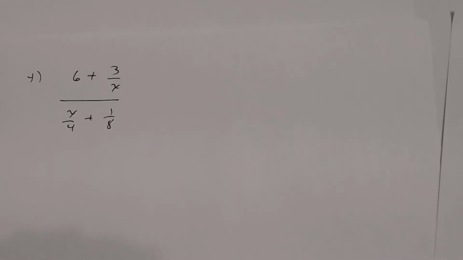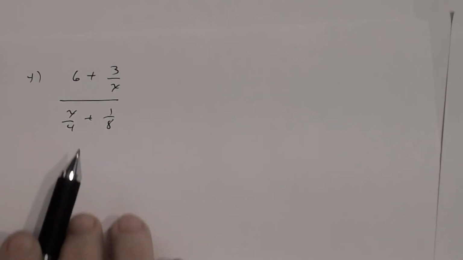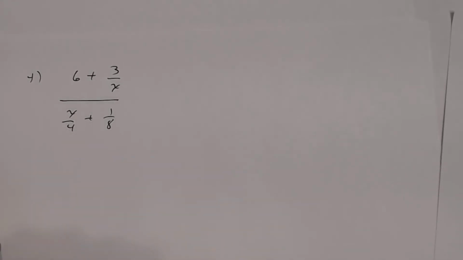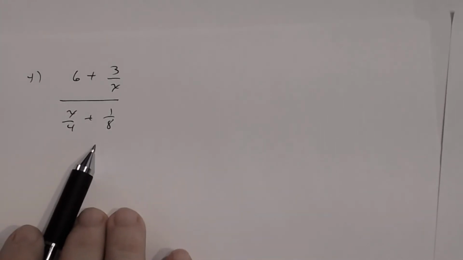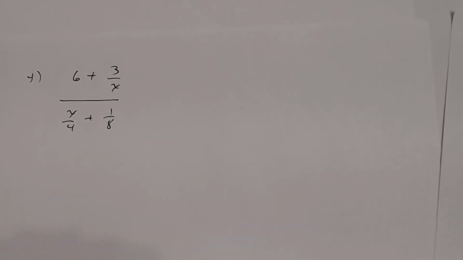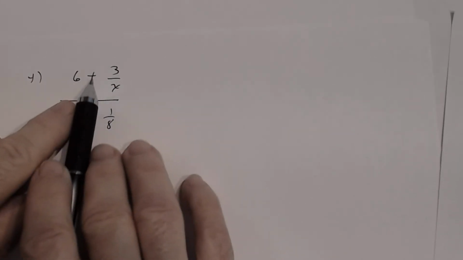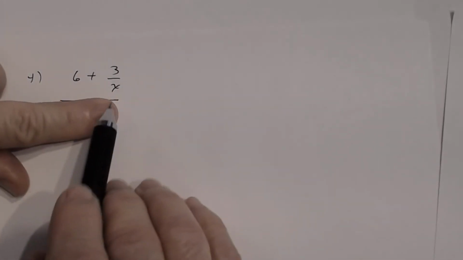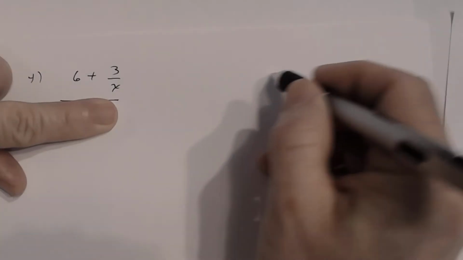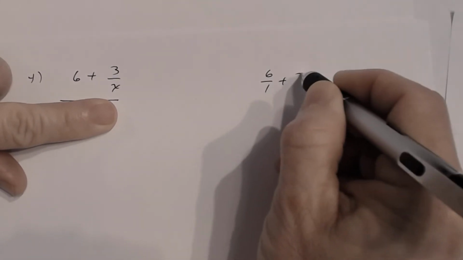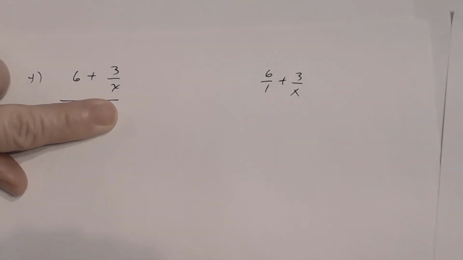All right, so 6 plus 3 divided by x, and in the denominator I have these two fractions that I'm adding together: x divided by 4 plus 1/8. So again, method 1. Remember, you take the part that's in the numerator, cover this part up, go off to the side, and figure out how to write this as one fraction.